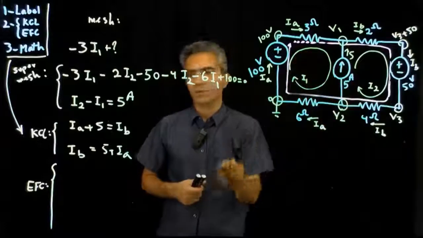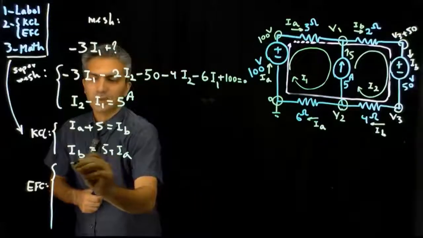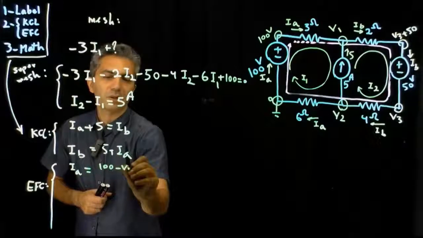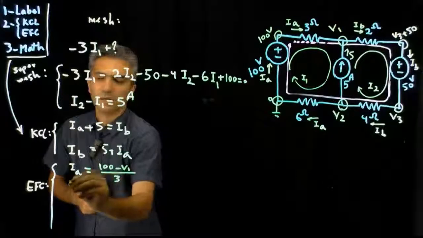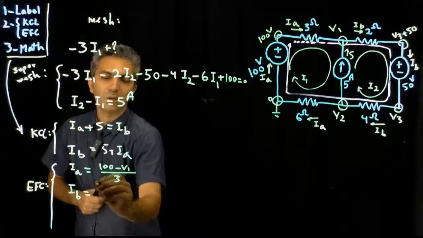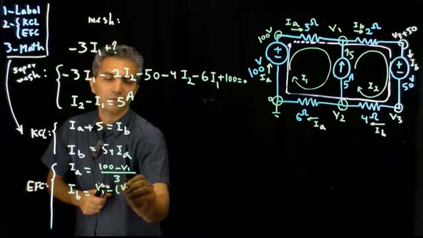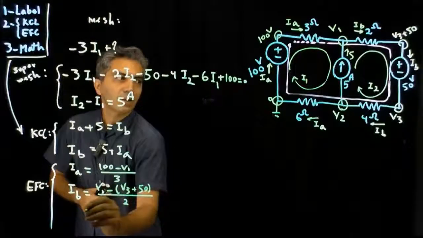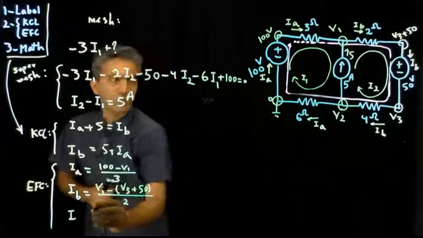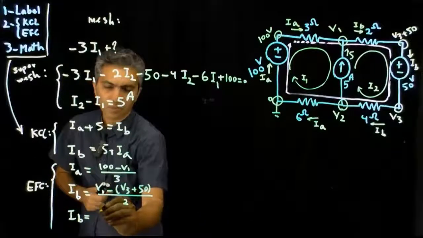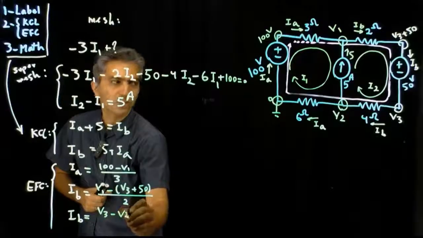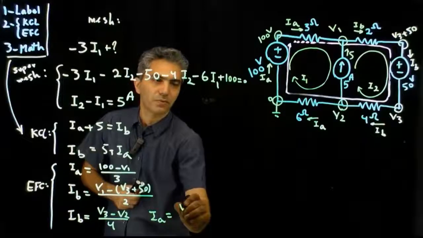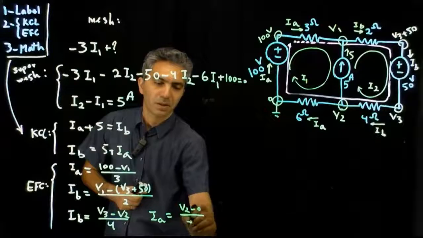So I'm only left with 4 components to write equations for. IA, Ohm's law for that would be 100 minus V1 divided by 3. IB would be V1 minus V3 plus 50, divided by 2. For the 4 ohm down here, IB would be V3 minus V2 divided by 4. And finally, for the 6 ohm, IA is equal to V2 minus 0 divided by 6.